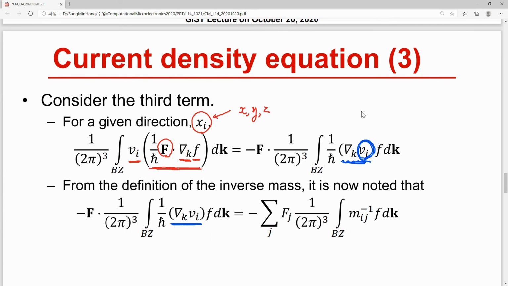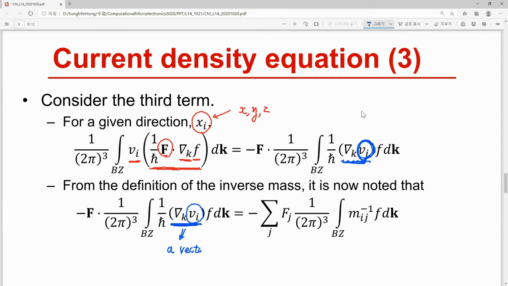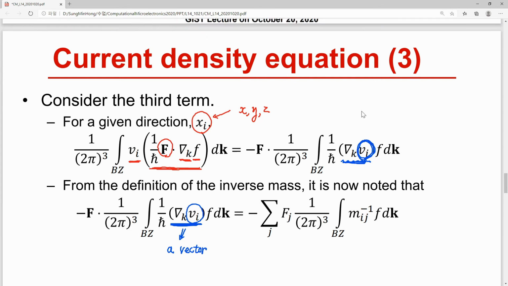Although this v_i is a scalar value, taking the gradient will give you another vector. This vector will also have components, and it depends on the direction of our velocity v sub i, vx, vy, vz, which will change the result.